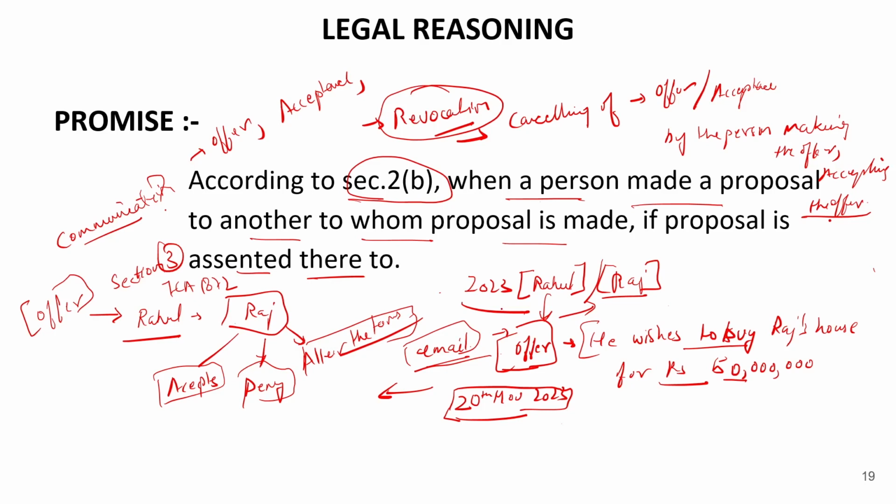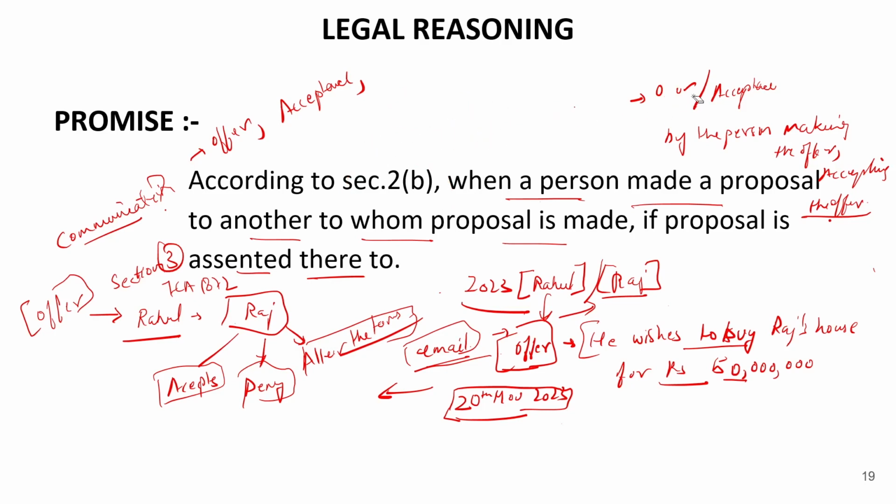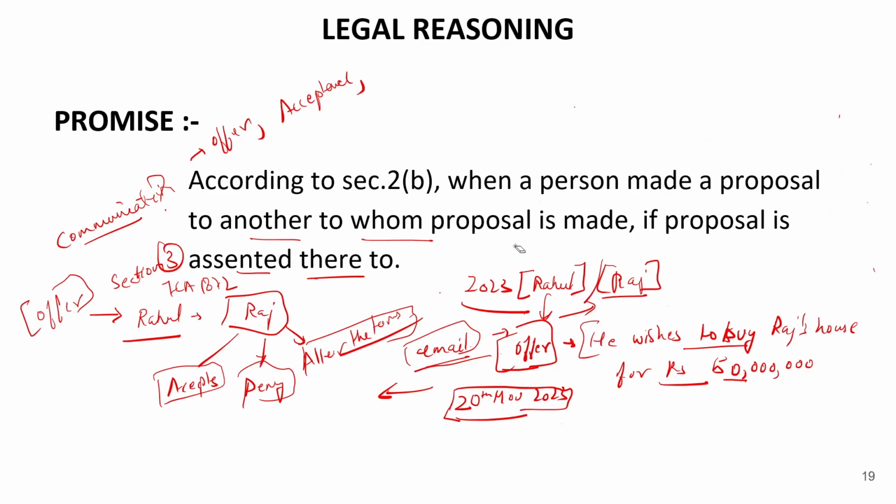So what we need to understand here is that whenever an offer is made by a person to another person with a willingness to make the other person do something or abstain from doing something, what are we expecting Raj to do?